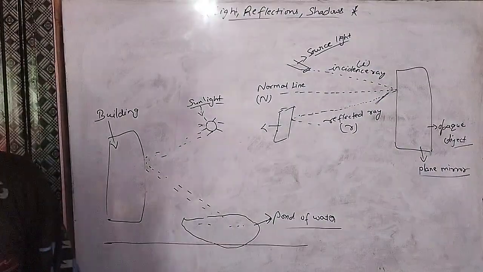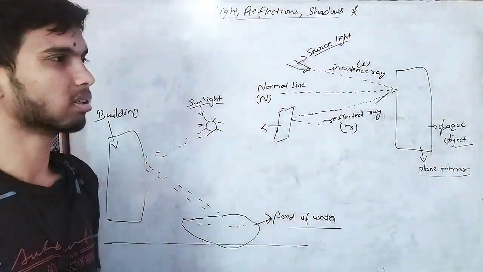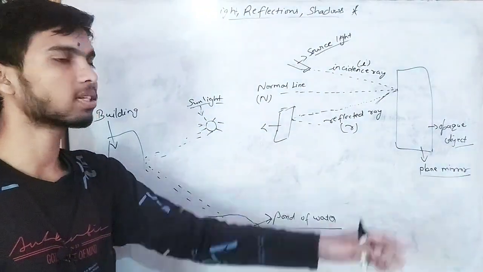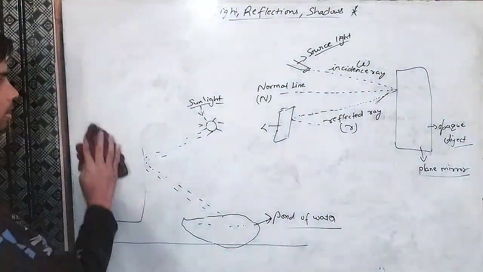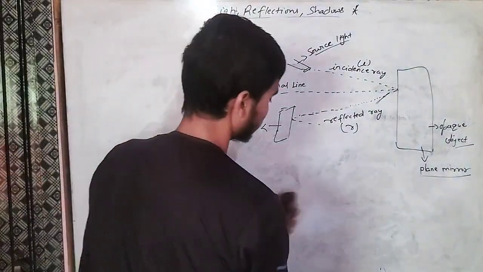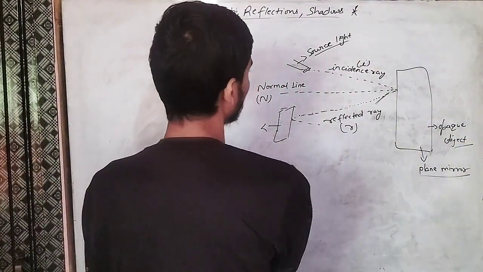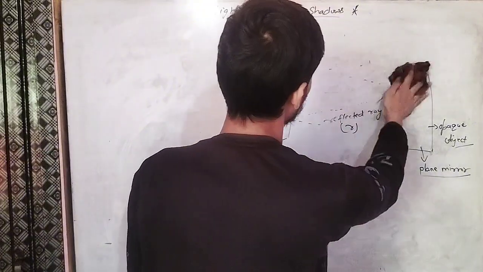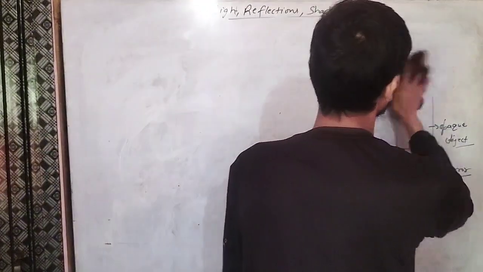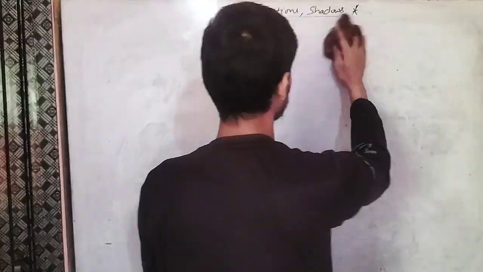Let's try to understand: do you know light travels in a straight line? How can you prove that light travels in a straight line? Do you have any ideas to show that light is traveling in a straight line?